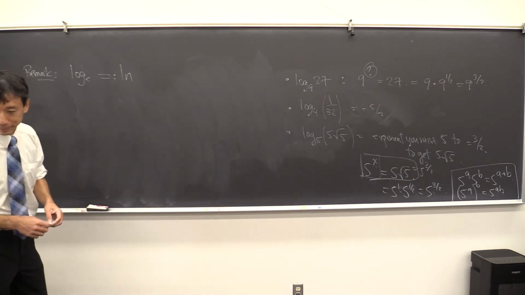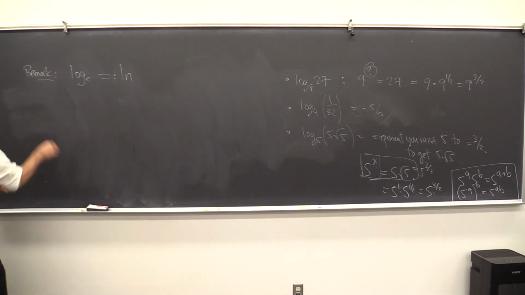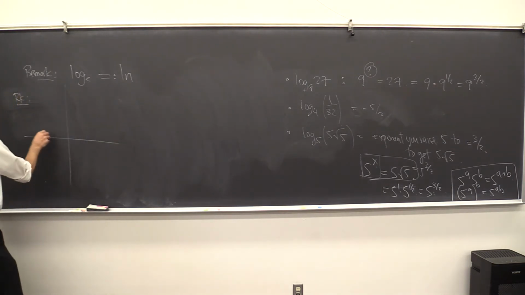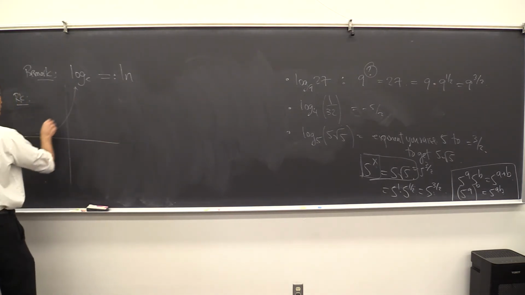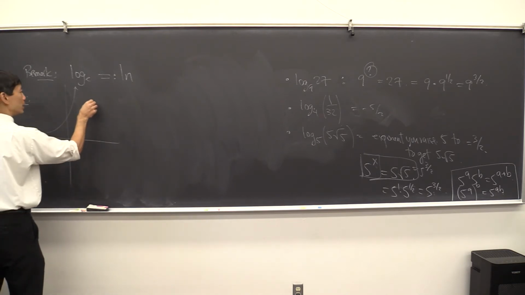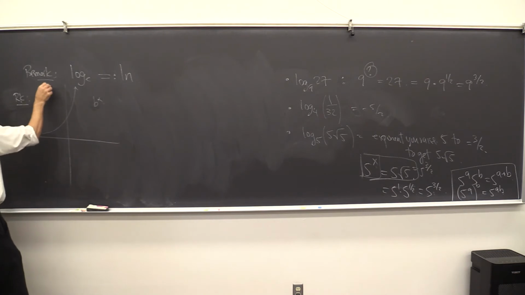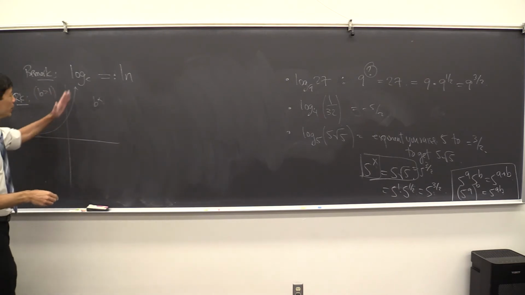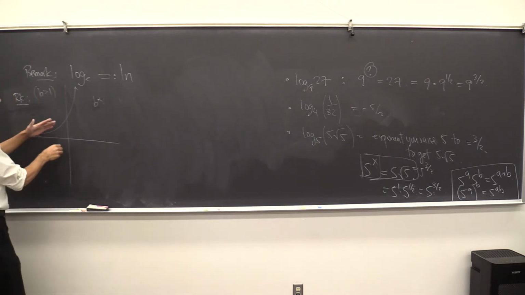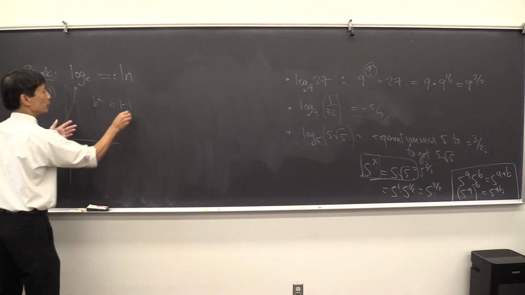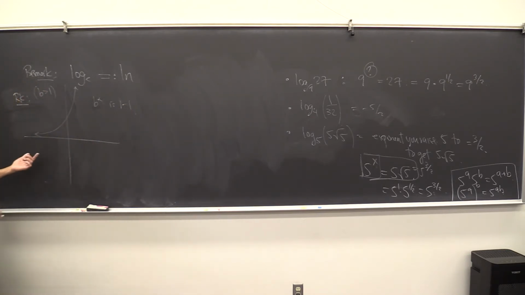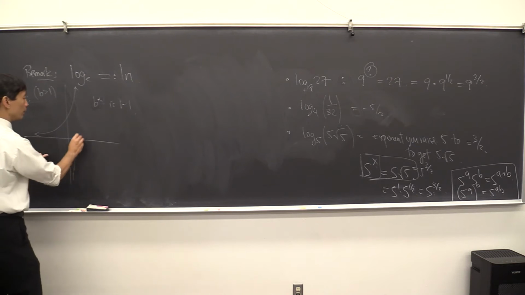But yeah, some people read this as "lan." Okay. So another remark is that, as we noticed before, these functions, like this exponential function, say let's pretend that b is bigger than 1 so we can draw it, is a one-to-one function, as is the logarithmic function.